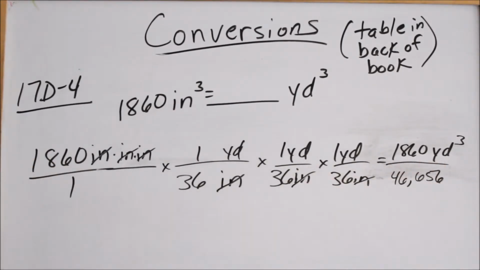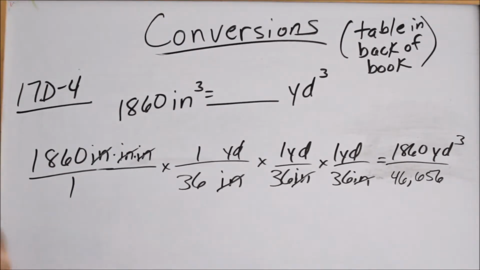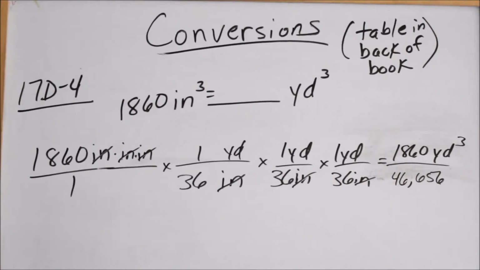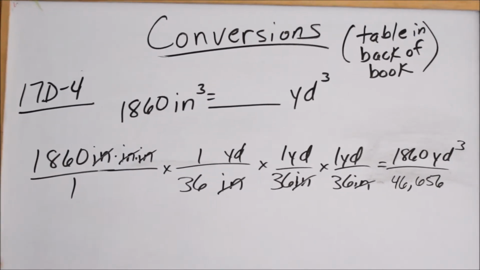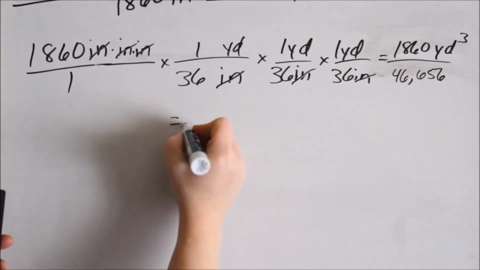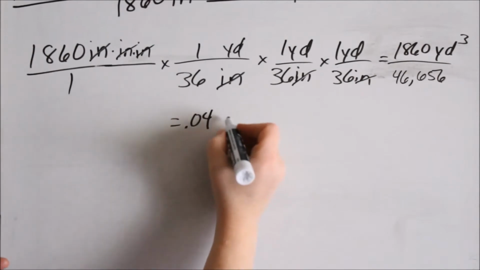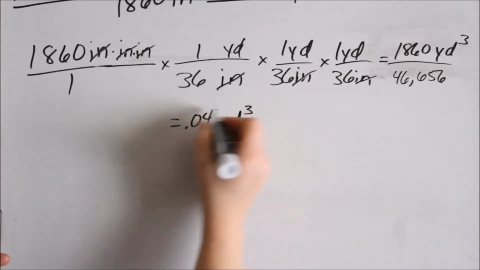But now we need to divide those two numbers. So 1860 divided by 46,656 would come out to be 0.04, I'm rounding, it's like 0.0398, 0.04 cubic yard.